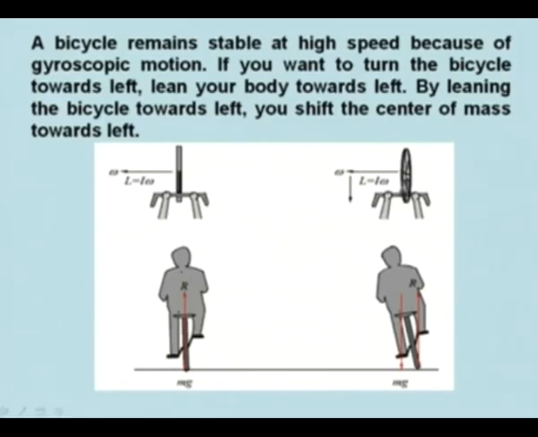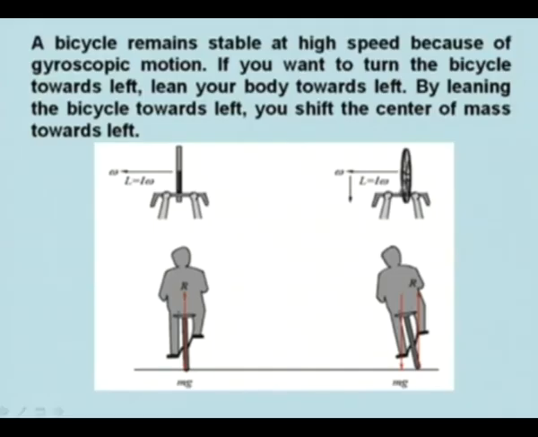See this person sitting on the bicycle. This is the reaction of the ground, and this is the weight, and the wheel is spinning. So the angular momentum L is equal to I times omega. Now if you want to turn the bicycle towards left, then lean your body towards left.